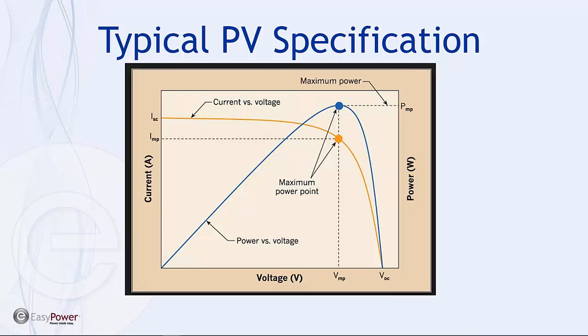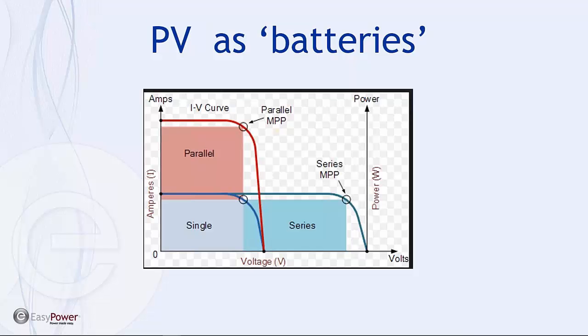Now, the spiffy thing about PV junctions and cells is that they can be essentially arranged or connected like batteries. And when you do this, you identify these same voltage and current parameters for the overall combination of cells, and you can very much regard them as batteries.